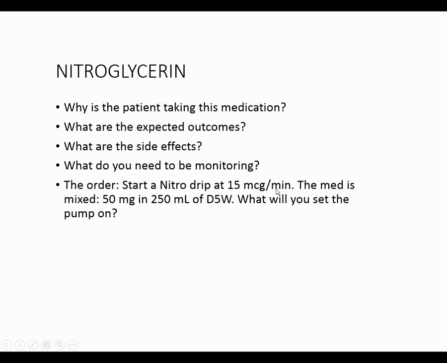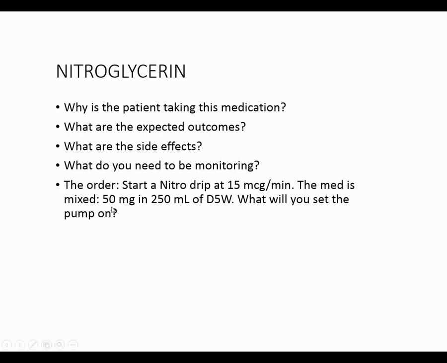15 micrograms times 60 minutes in an hour is going to give you 900 micrograms per hour. We need milligrams. Okay, so 900 divided by 1,000, or move your decimal 3 spots to the left, is going to give you 0.9 milligrams, okay?